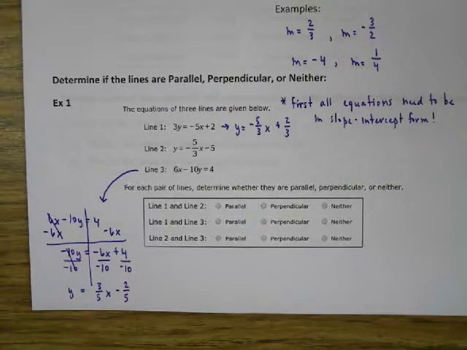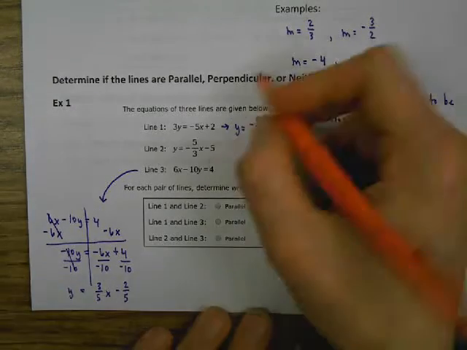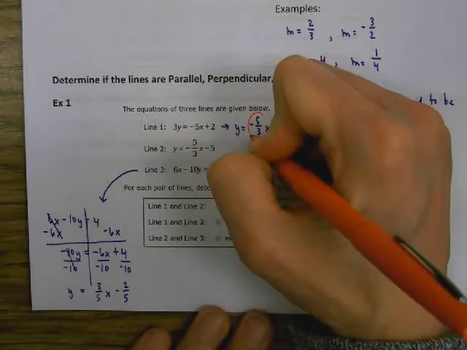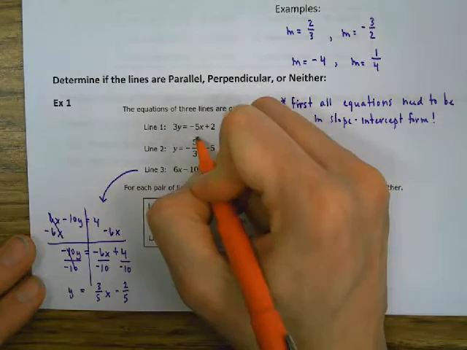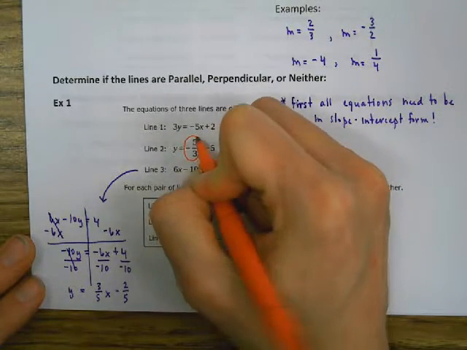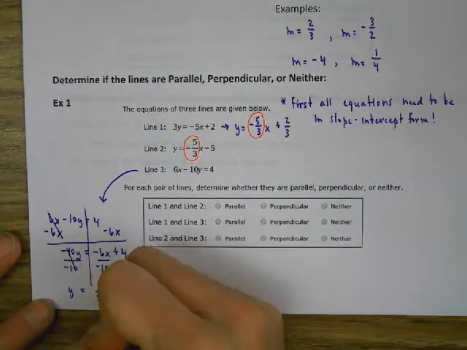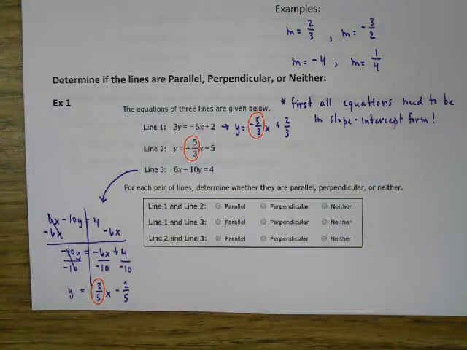So remember, the key here is to look at their slopes. That's what we're focused on when we're determining if they're parallel or perpendicular. So for line 1, my slope is negative 5/3. For line 2, I have a slope of negative 5/3. And for line 3, I have a slope of a positive 3/5.